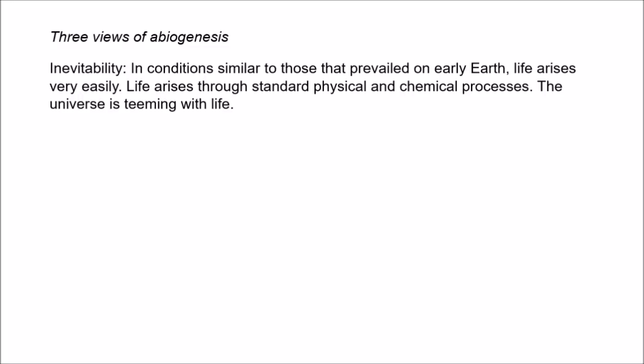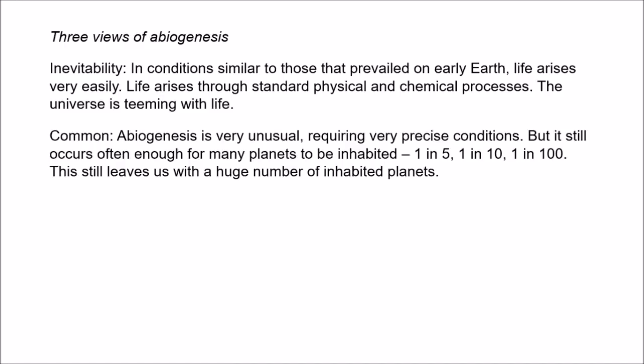A second view we can call common. According to common, there's some life throughout the galaxy, but the origin of life is quite difficult. It requires special conditions. It occurs often enough for many habitable planets to be inhabited. So we might say, 1 in 5 or even 1 in 100 habitable planets develop life.